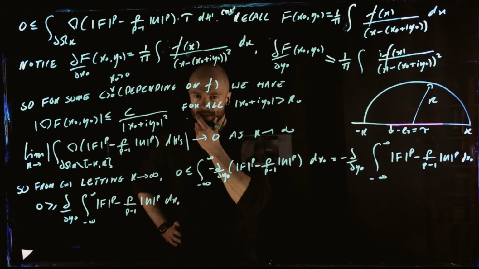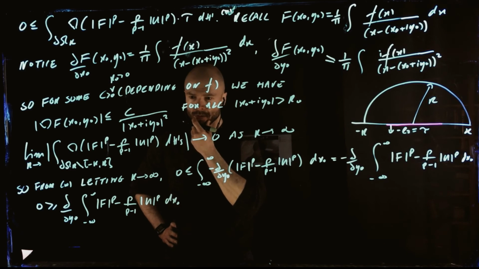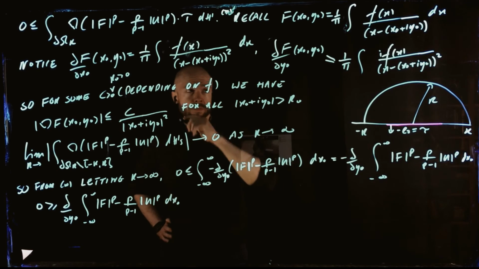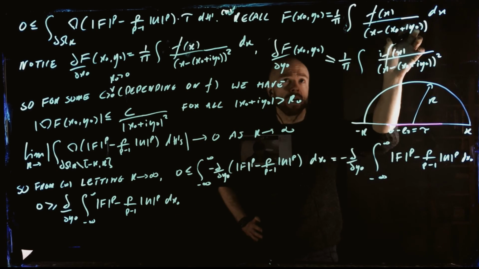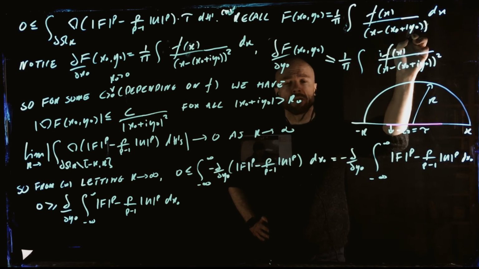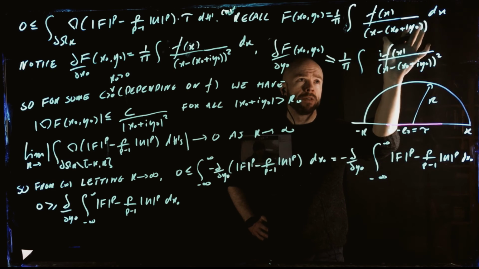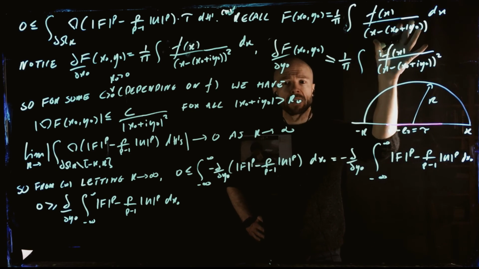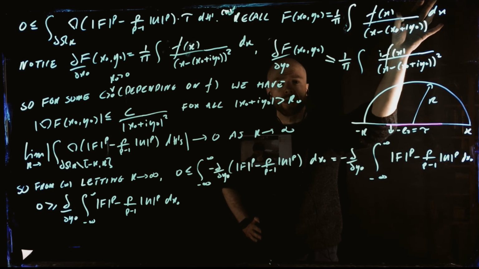Everybody happy so far? But the claim is that this entire guy, again, is going to go towards 0 as we let y0 tend towards infinity. And that's not hard to see, because if we just multiply this guy by the complex conjugate, then we're going to get the absolute value of this thing times that thing up there.